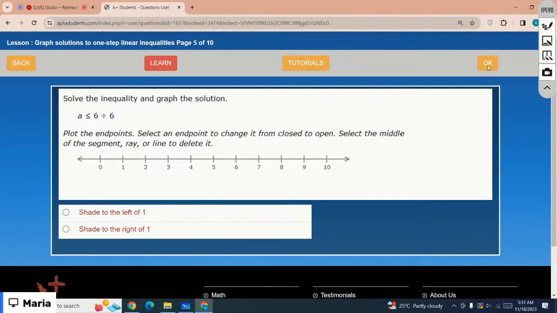A is less than or equal to 6 divided by 6. So which is the correct option?